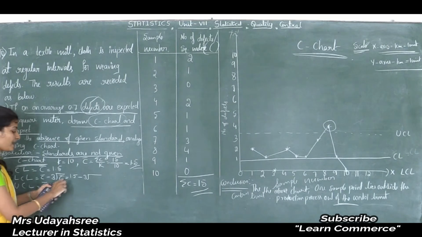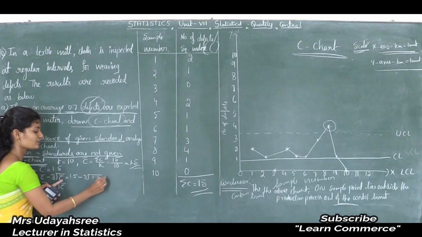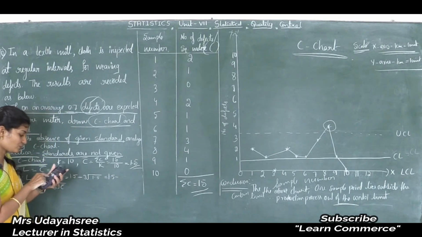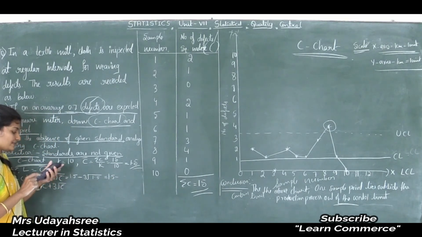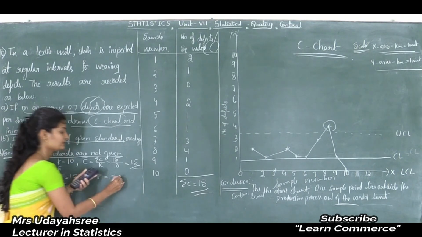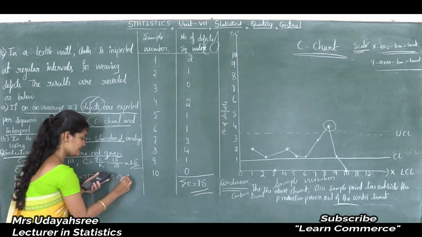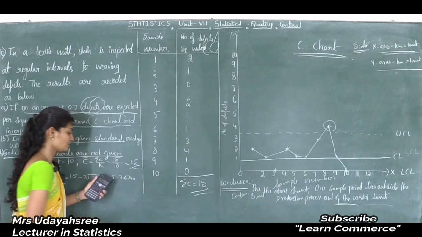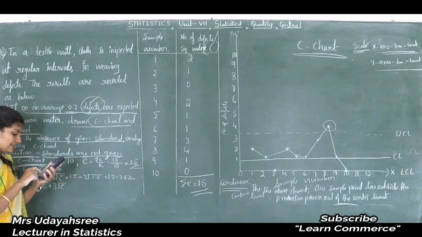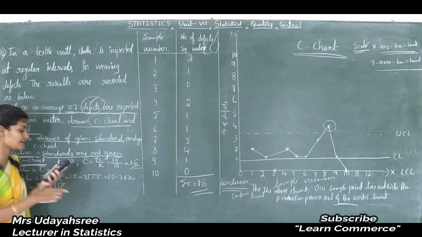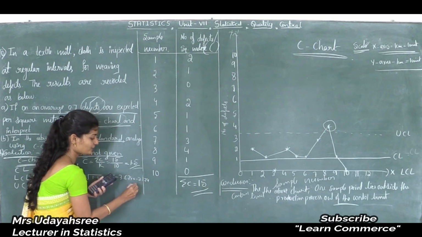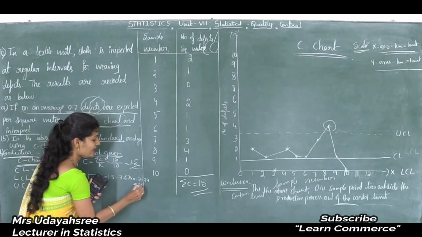So this is equal to 1.5 minus, square root of 1.5 is 1.224 into 3, that is 3.674, and this is equal to 1.5 minus 3.674, which is minus 2.174. See, this is negative value, therefore it is considered as 0.